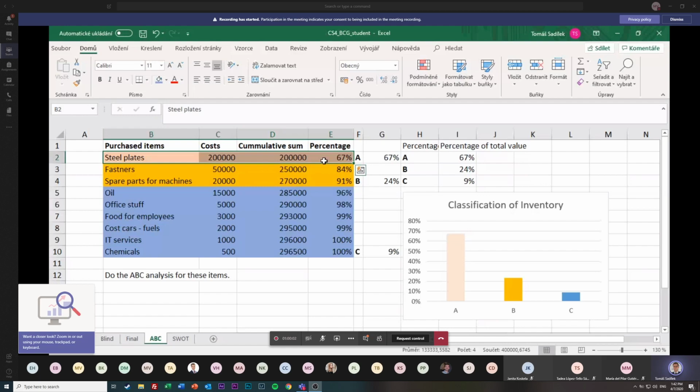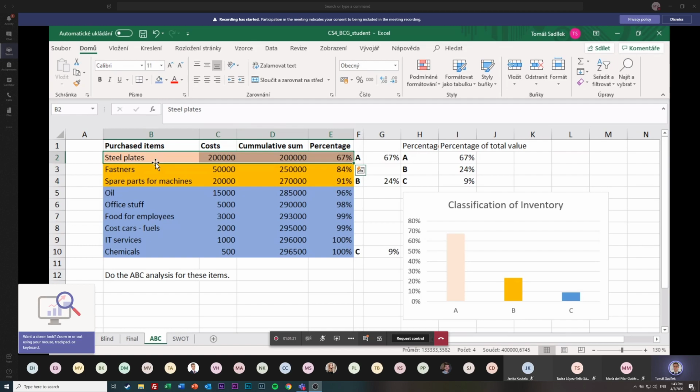The A items take the highest share: 67% of all costs allocated in items are the A items. If we decrease the price of steel plates by just 1%, it's much more than the savings for chemicals and the IT services together. So the B part is only to lead them, and the C to do in an automated way.